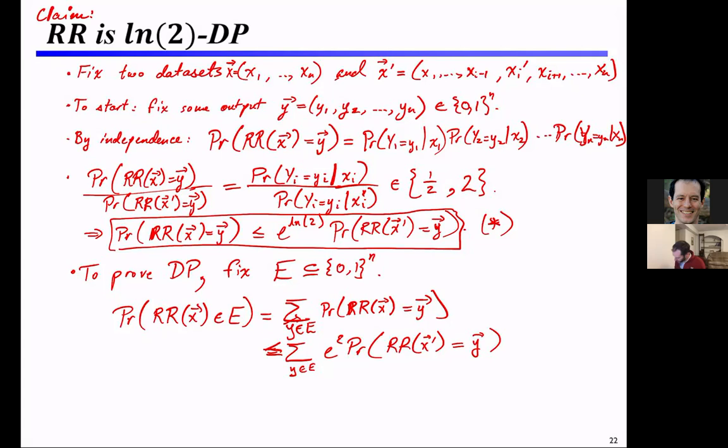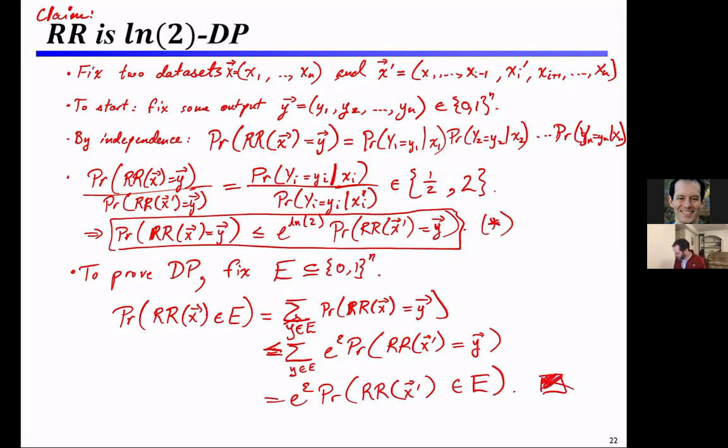And now if we just stare at this for a second, we realize we can pull the e to the epsilon up front. And this is the same as the probability that on input x prime, we would get an outcome in the set E. Okay, and that's exactly what we wanted to prove.